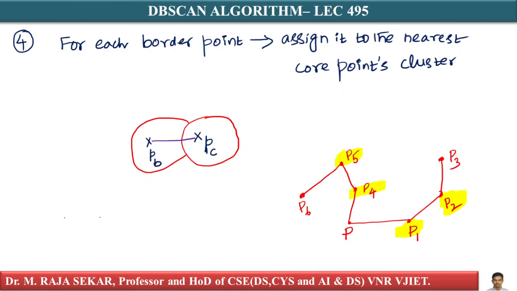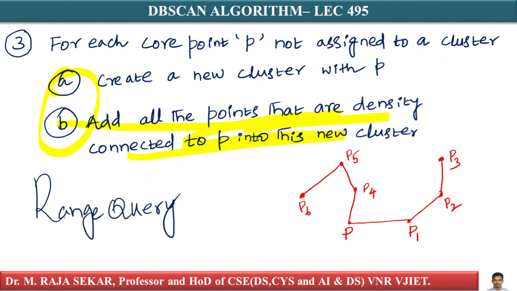The most important operation is your range query. Range query takes a point xi, data set D, and radius epsilon. It returns all the points within epsilon radius from xi in your data set D. Si equals range query of xi, comma, D, comma, epsilon, isn't it?